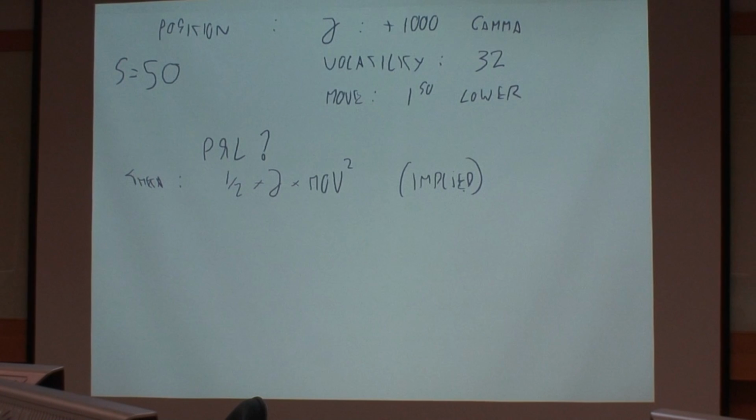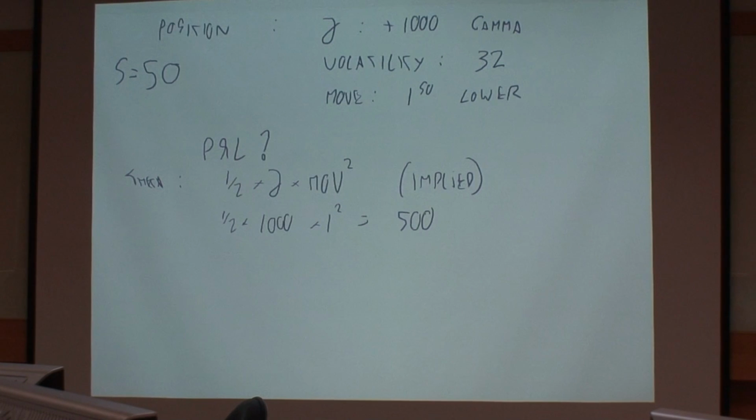So in this case, with a share price of 50, implied volatility 32 indicates I have a 2% movement per day. So therefore, at vol 32, the movement is 1. So it becomes a half times 1,000 times 1 squared, which is 500.